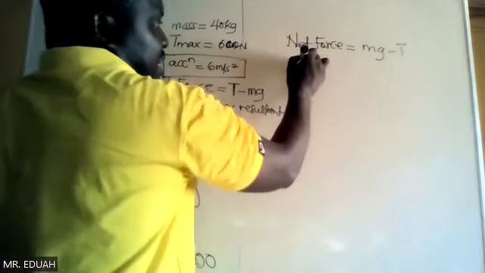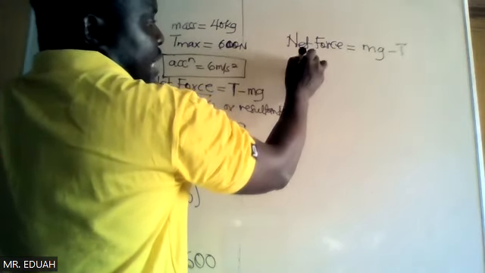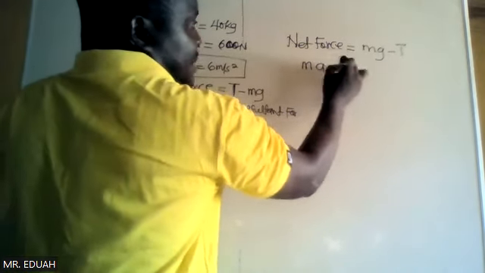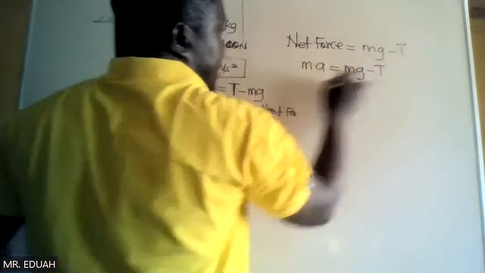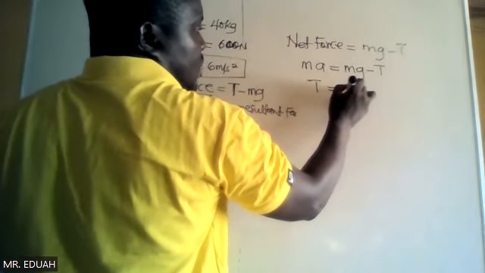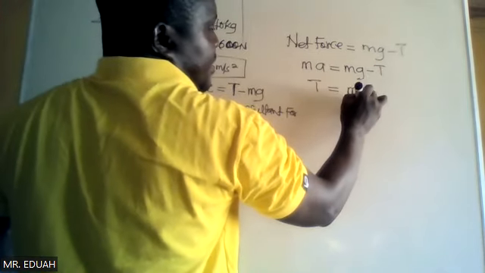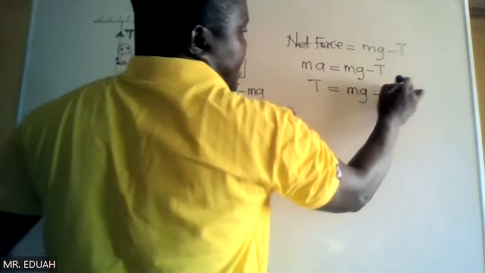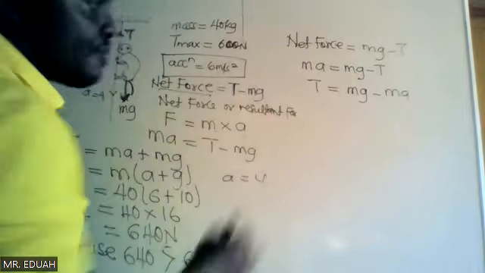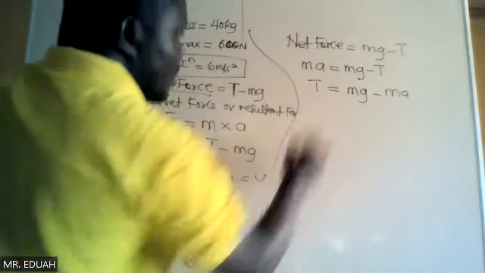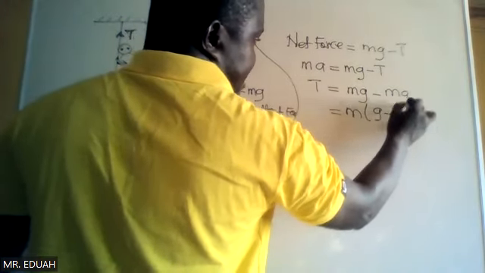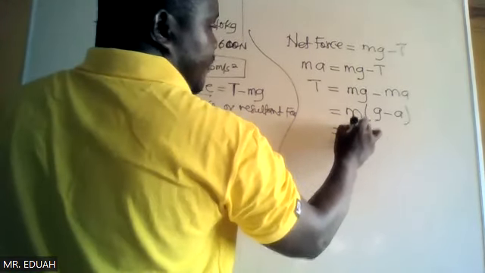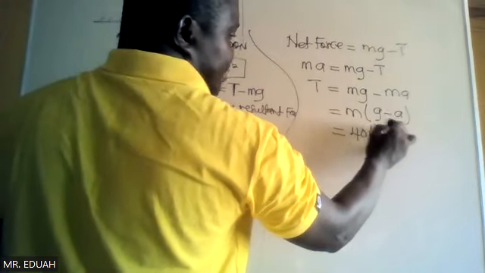So the acceleration, ma, must be equal to mg minus T. Therefore, T would be equal to mg minus ma, which then will be equal to m times g minus a. 40 by 10 minus 4.